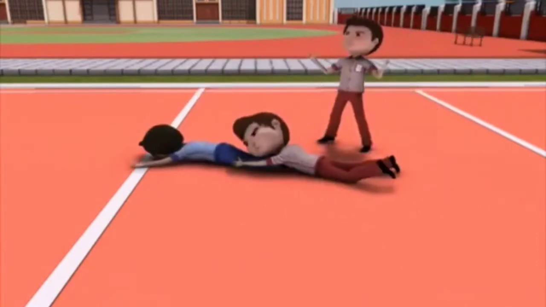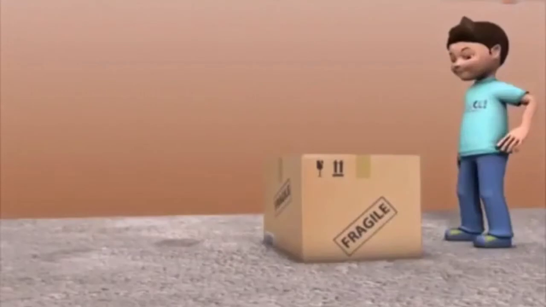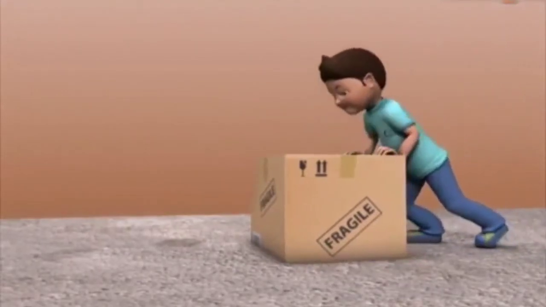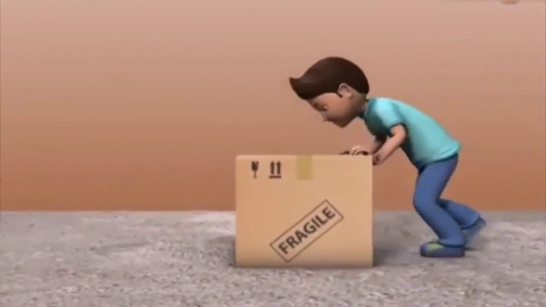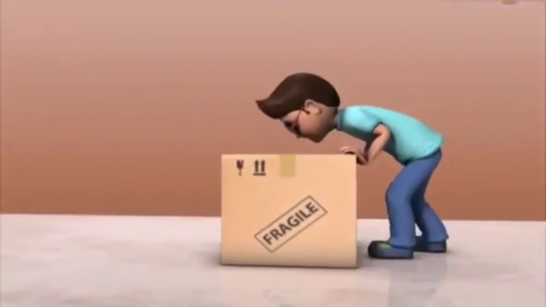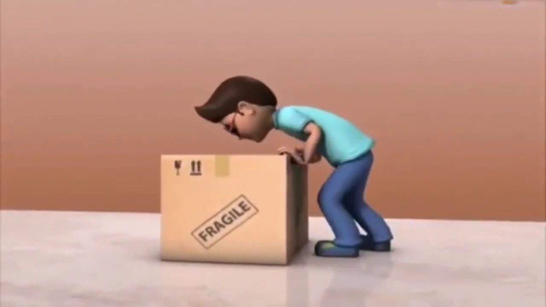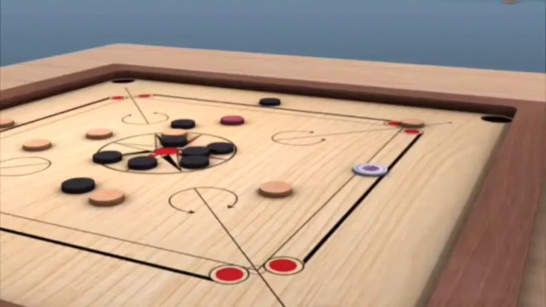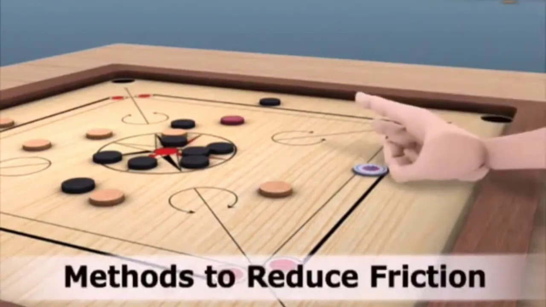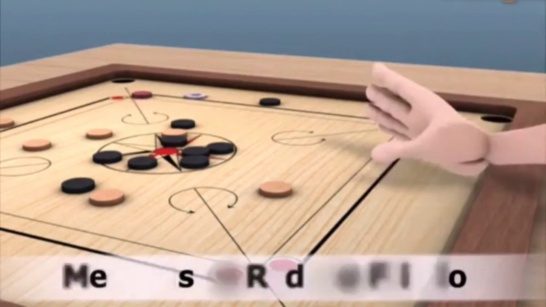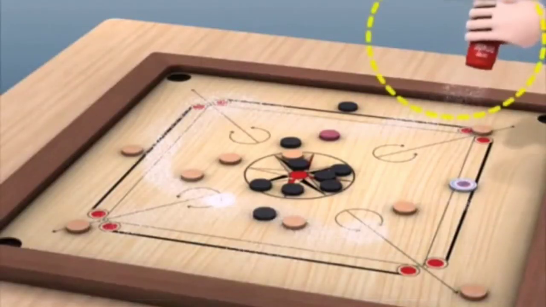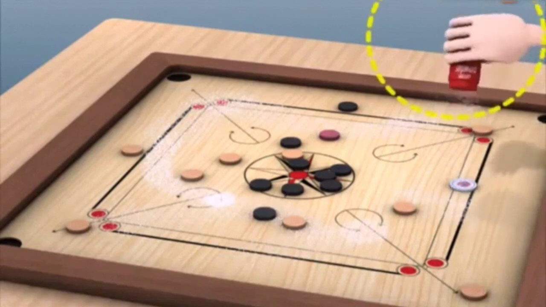In many situations, friction is undesirable, and so it is necessary to minimize it. You must have played the game carom. We sprinkle powder on the carom board to reduce the friction so that the striker and the carom coins move smoothly on the board.